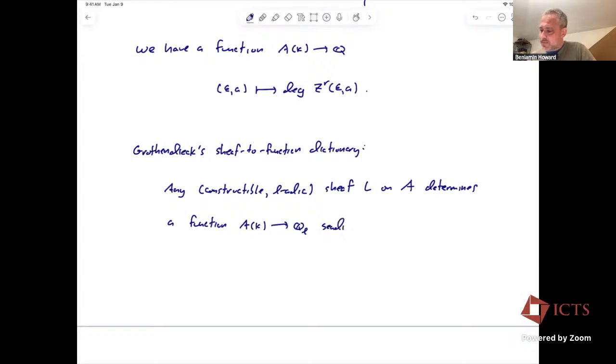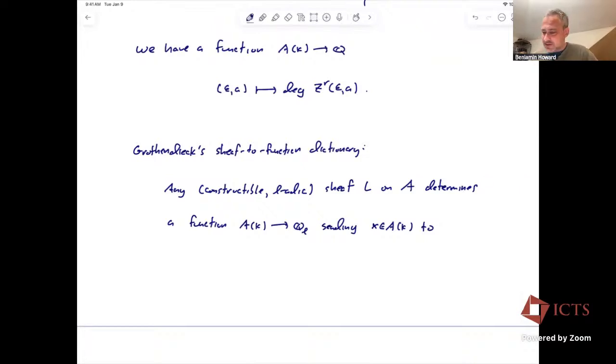Sending the point x to, well, if I take my sheaf and I take its stalk at some geometric point above x, I get a finite dimensional Q_l vector space with some Frobenius operator on it. And so then you can take the trace of Frobenius on the stalk at that point x, and it gives you an element of Q_l.